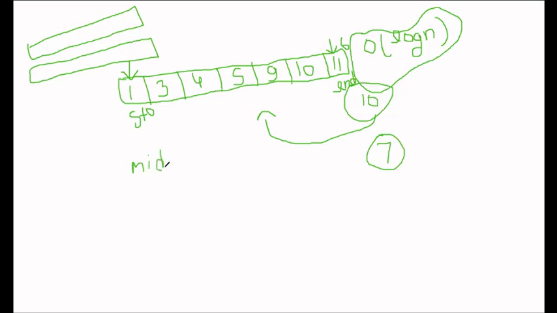Mid value will be start plus end by 2. Our start is 0, so 0 plus 6 divided by 2. So it will be 3.